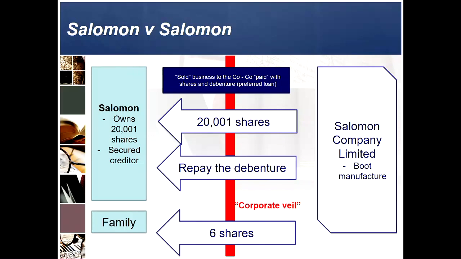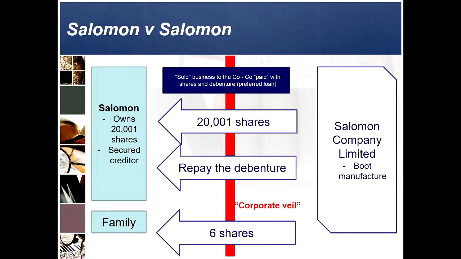Mr Salomon sells the business to the company, and the company pays Mr Salomon for the business, because the business is fundamentally just an asset. So it pays Mr Salomon for the business. And as I said, how did it obtain that money? It borrowed the money off Mr Salomon. Hence, Mr Salomon was a creditor of the company, also a shareholder, and we said he was also a director. And we see that there is this corporate veil between the company and Mr Salomon. That's what this red line's illustrating here.